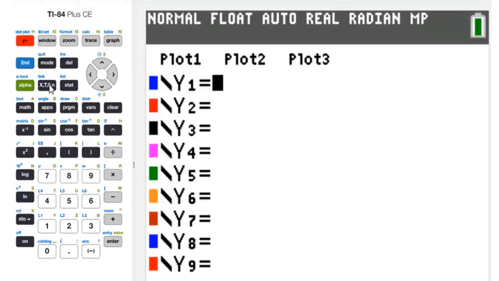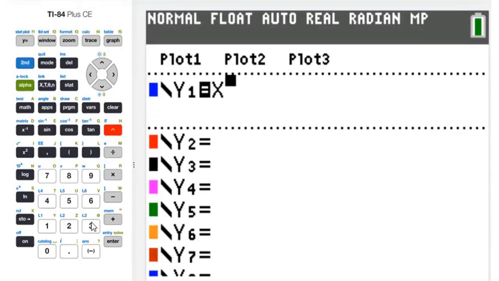So go to y, I put x to the third power, then minus 5x squared. Using this button for square is more convenient. Then plus 5x, then minus 1.